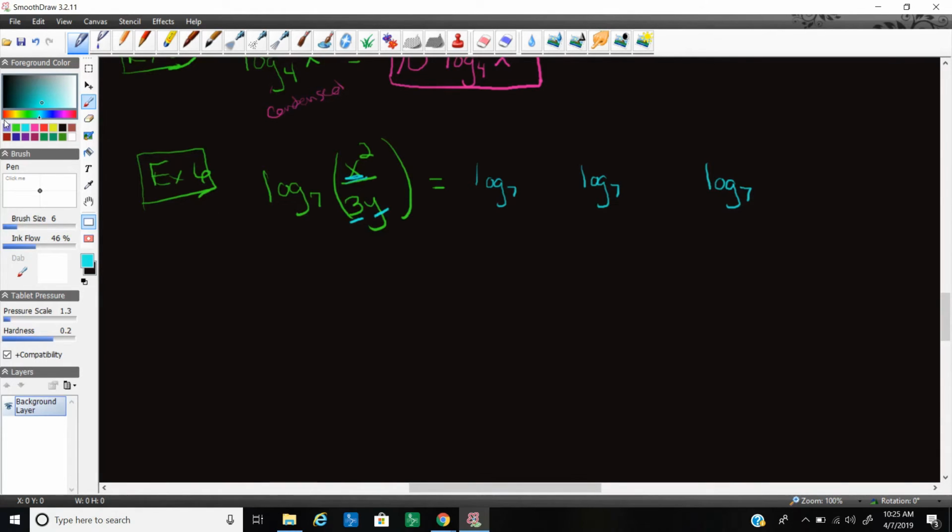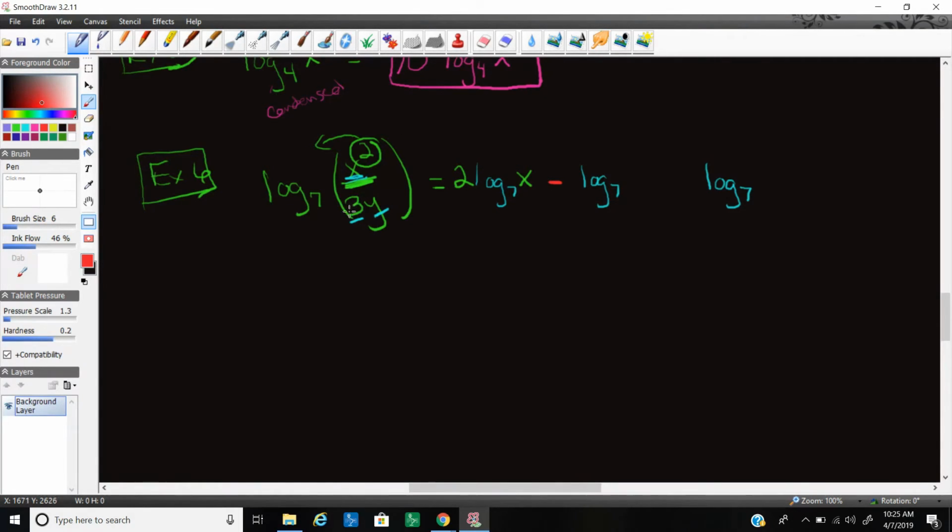Okay. Our first one is that x squared, so we're going to have the x here. But remember that the little 2 is a power. This is the one that gets moved to the front. So we're going to put that 2 here in the front. Okay. The 3 underneath is on the bottom, separated by this line, so we have to put a minus right here.